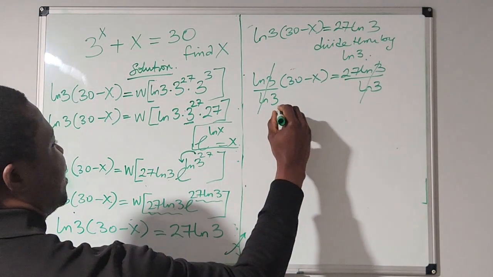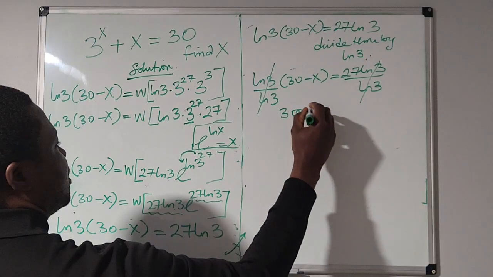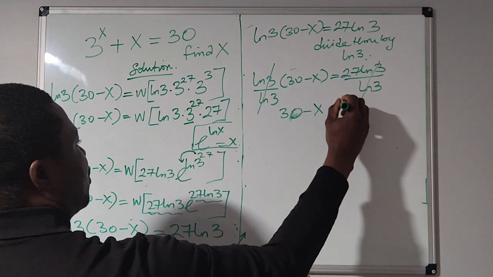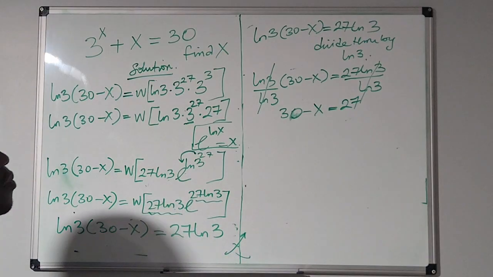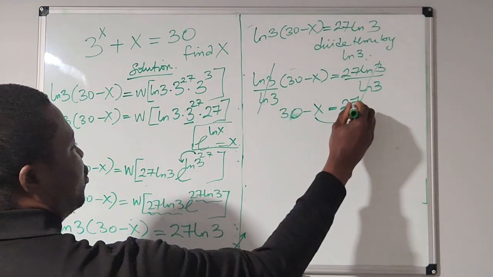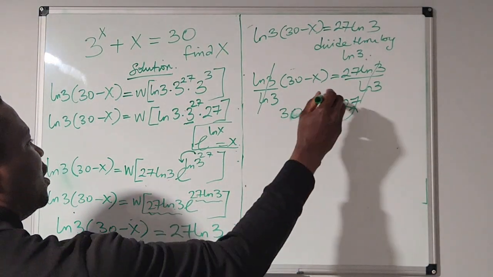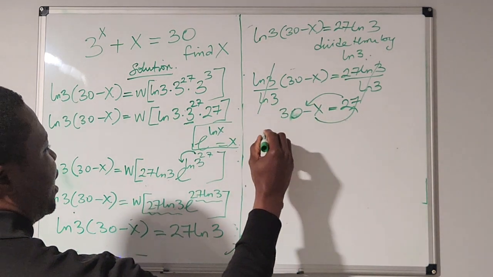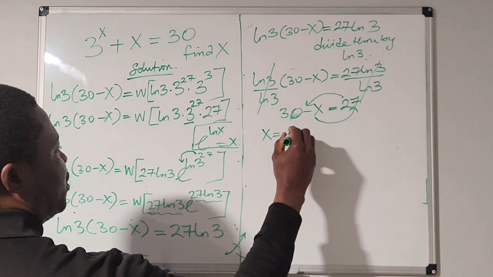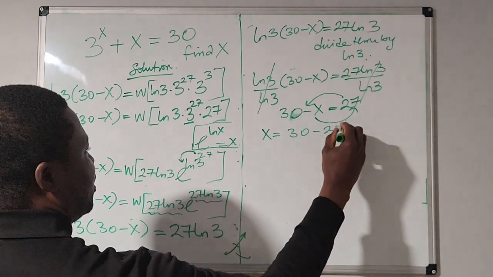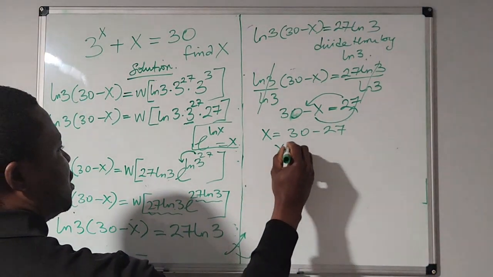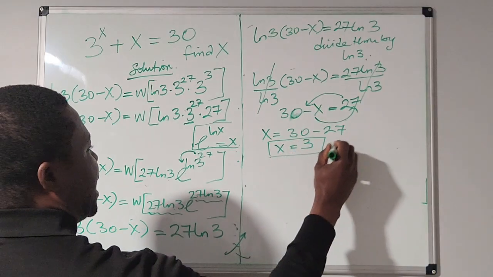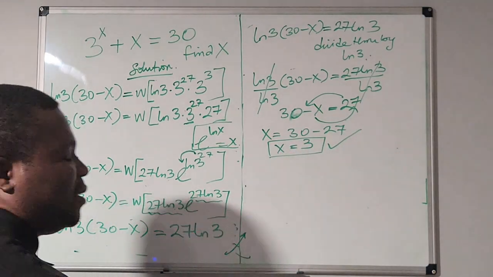What we have left is 30 minus x equals 27. So the x can move over there and become positive, and 27 can come over here and become negative. So we have x is equal to 30 minus 27. x is equal to 3. And that is our final answer.